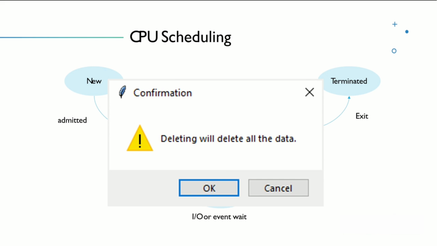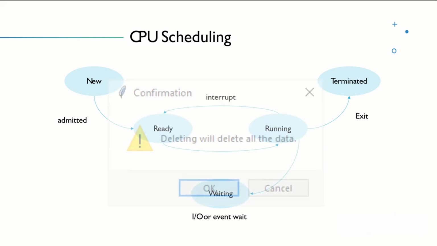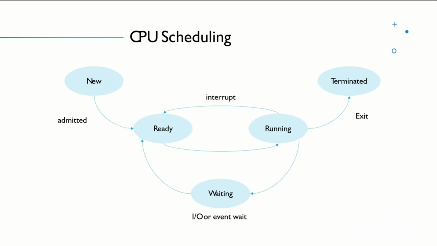At this point, the task has been moved from running to the waiting state, waiting for you as a user to insert your input. Once you've selected an option, that task moves back into the ready state, which means in the queue again, and later on, once the RAM and the CPU are ready to process your task, it will move into the running state once more and complete that task for you, which is deleting the items.